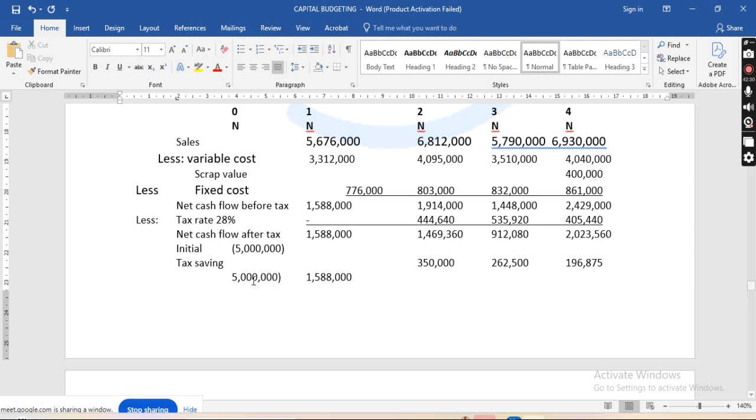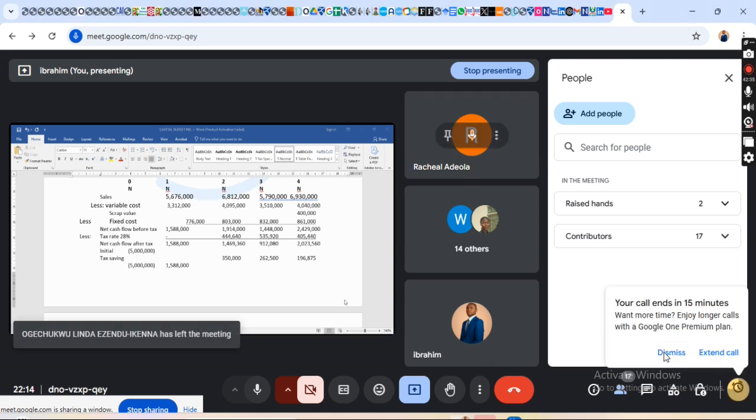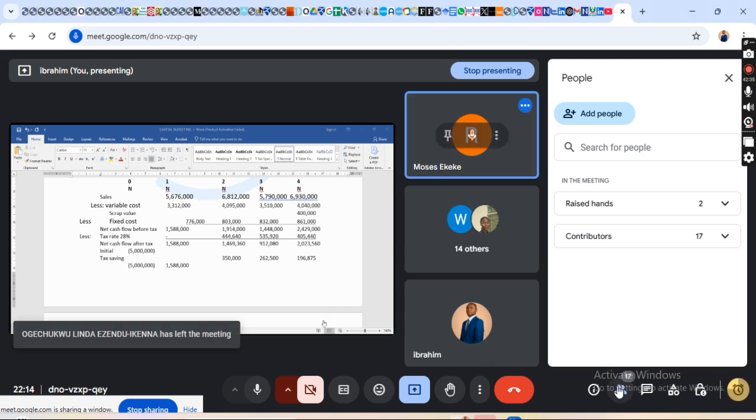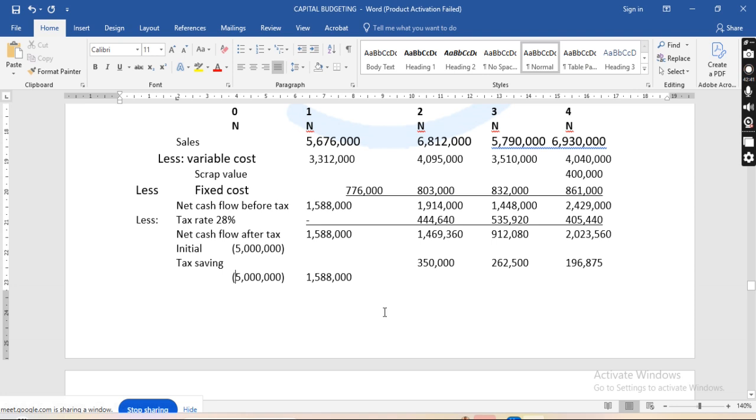Add the year 2 together because it is tax savings. Okay, what do you have here? 1 million.